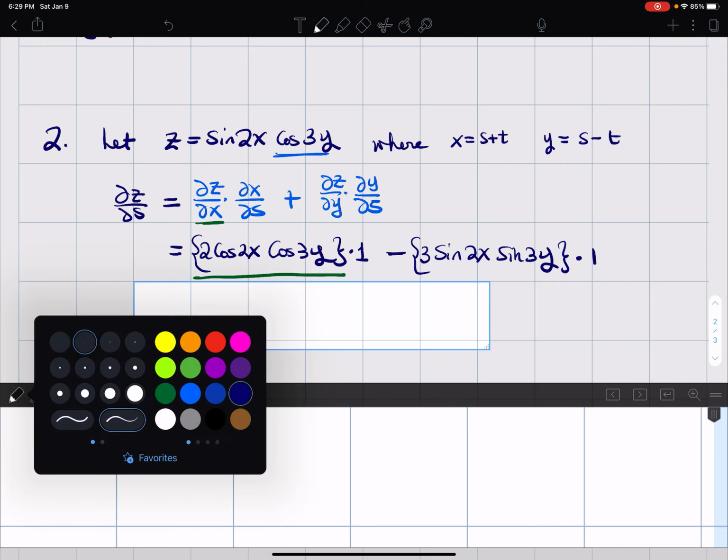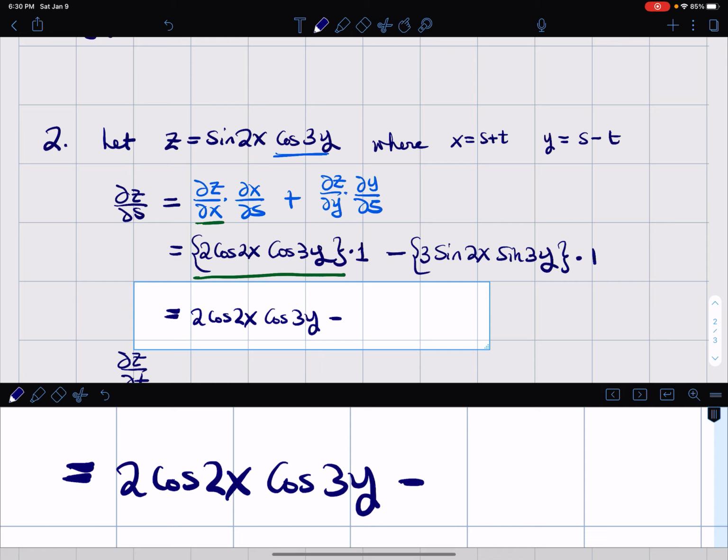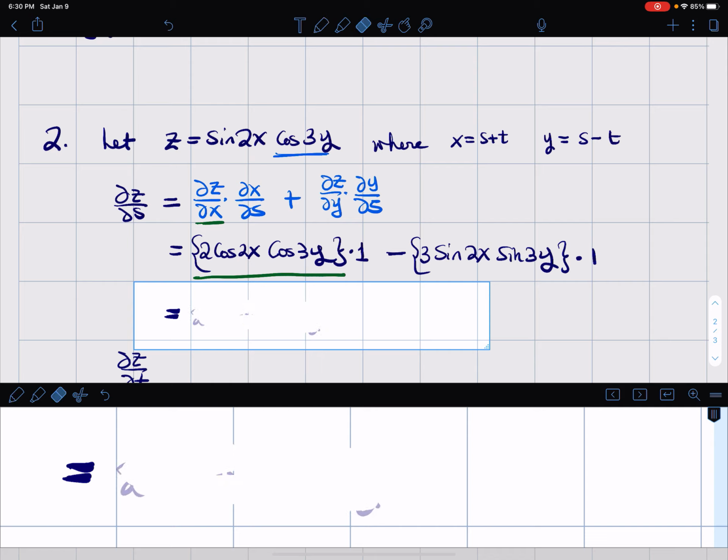So this is 2 cosine 2x cosine 3y minus 3 sine 2x sine 3y. Let's now substitute s plus t and s minus t for x and y.